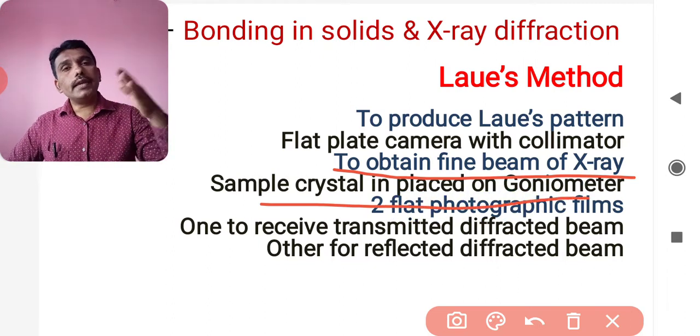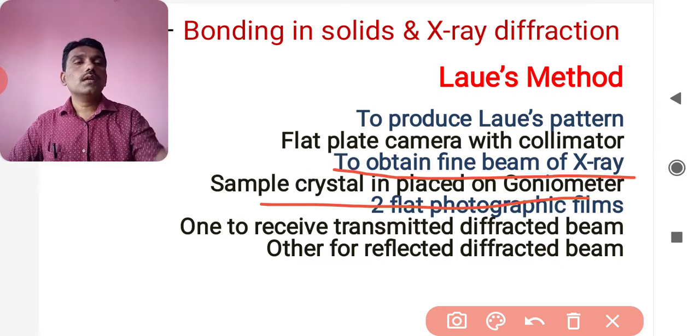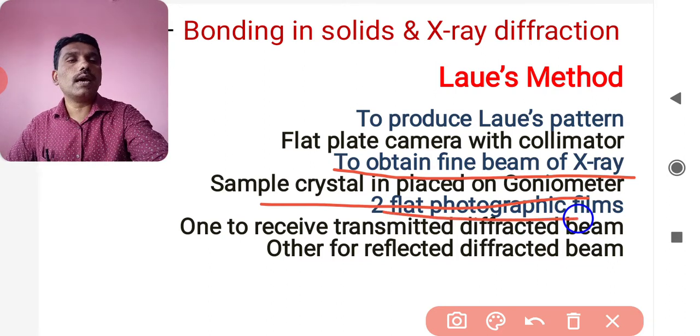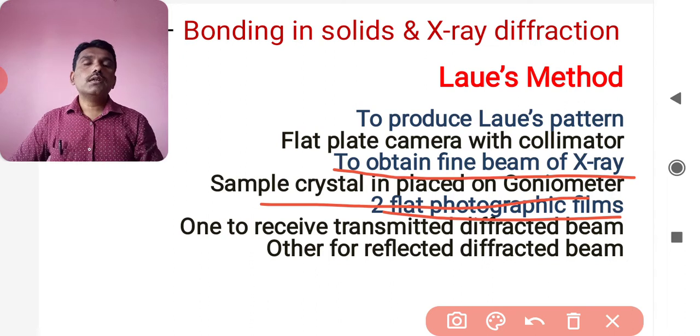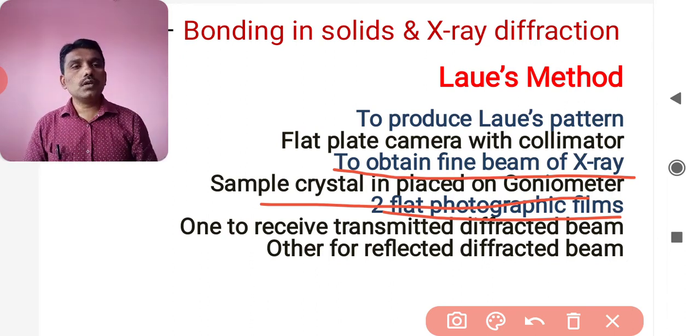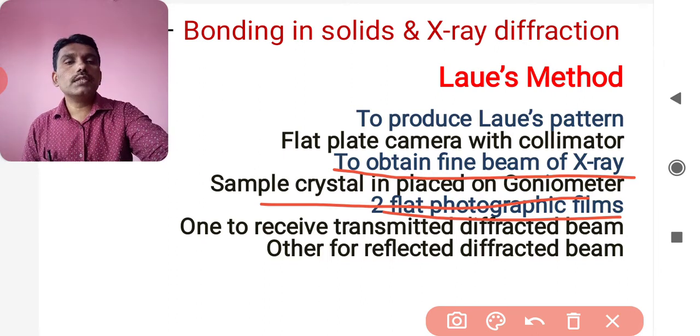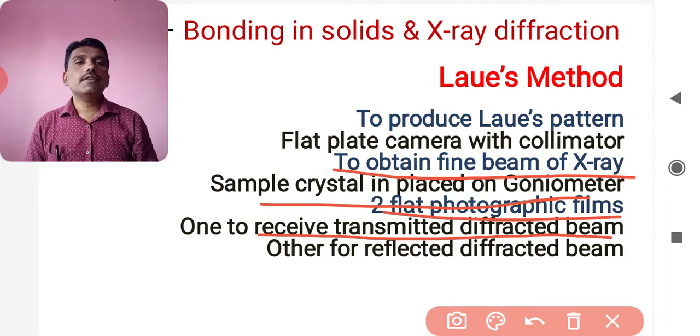And at the end, the screen or film, two flat photographic films are placed. Why are there two flat photographic films? One receives the transmitted diffracted beam, and the other receives the reflected diffracted beam.